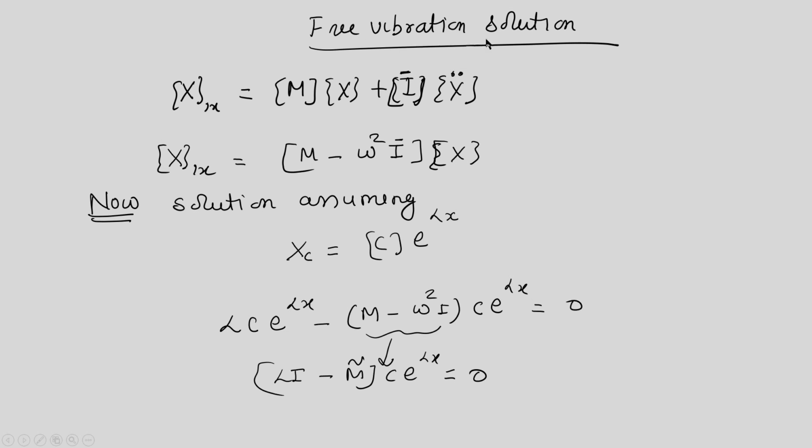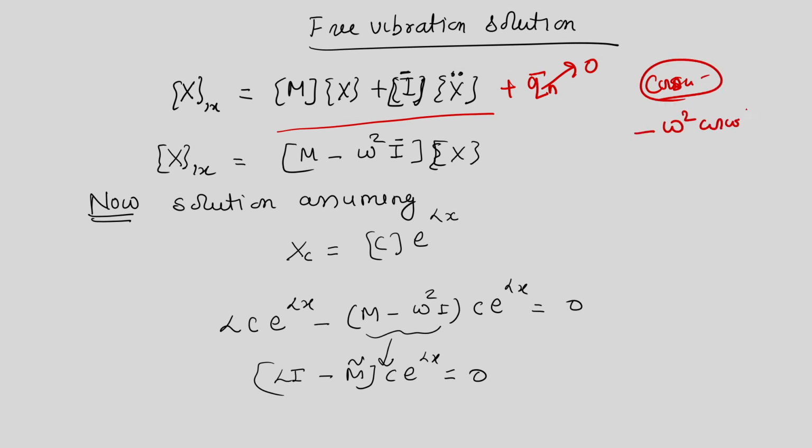If you are interested in solving a free vibration problem, x comma x can be written as follows, because the loading is 0, so q bar is 0. Only the time derivative we have assumed as cos omega t, so if we take the double derivative it becomes omega square and cos omega t.